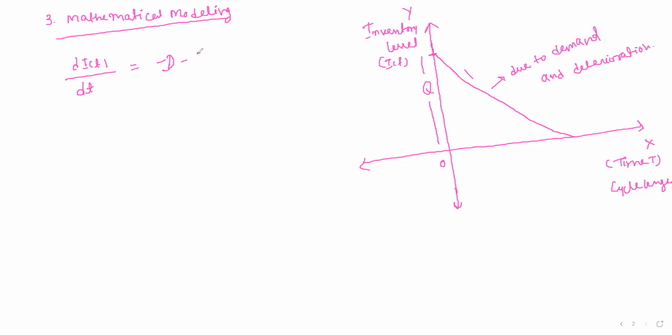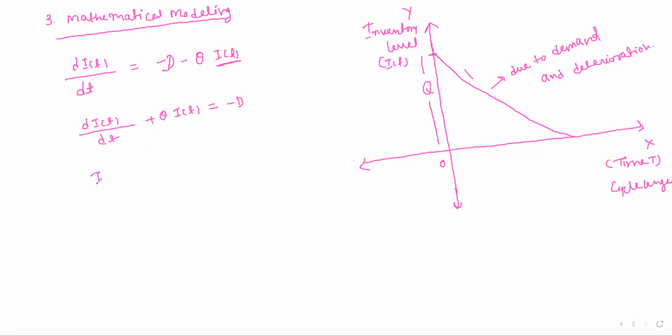So minus D, and how much inventory will be deteriorated. The total inventory level is I(t), and theta is the rate of deterioration, meaning how much inventory is deteriorated. So we can write it like that: dI(t)/dt plus theta I(t) equals minus D. Now it becomes linear in I(t), so we can solve it by the usual method.